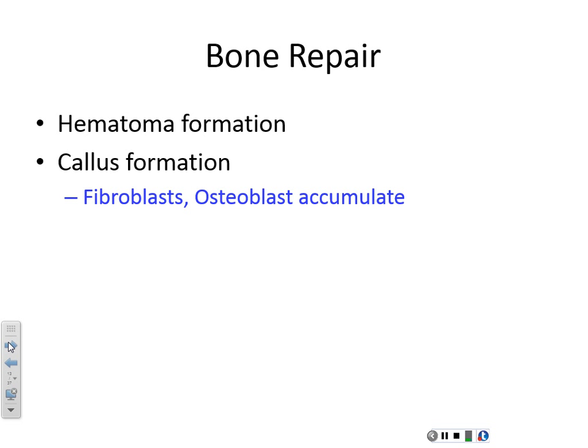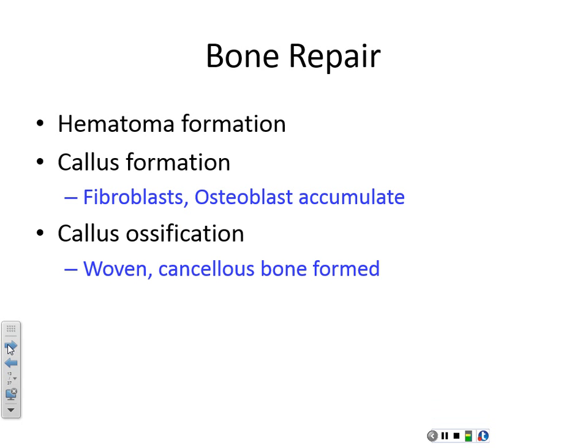Making the new collagen, the new proteoglycans, and so forth, so that you can repair the bone. Okay, so osteoblasts, fibroblasts accumulate, and that accumulation of the cells is called granulation tissue. Because this is just compiling the cells that are going to do the job of making the new matrix, and then of course the bone.